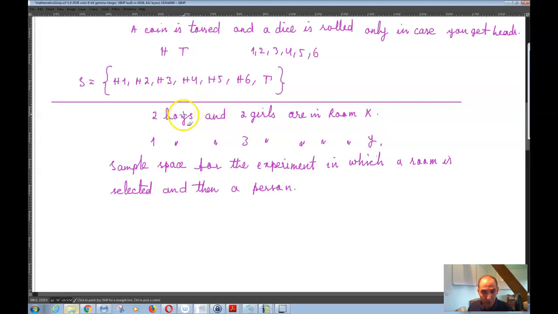so basically I can denote these boys by B and these girls by G. I can call them B1 and B2, and G1 and G2. And then these girls I can call G3, G4, G5, and this boy B3, for example.